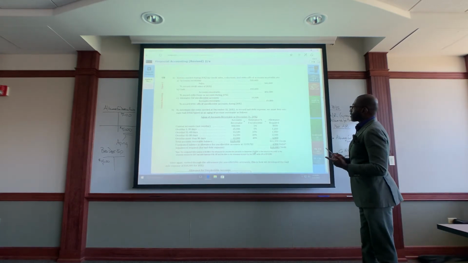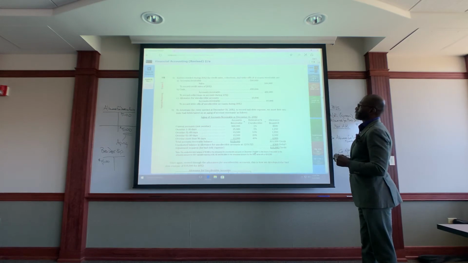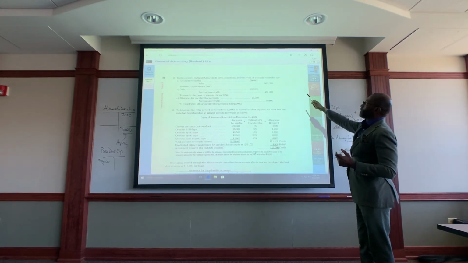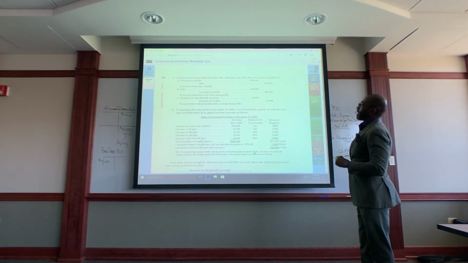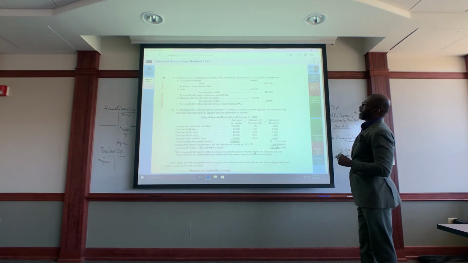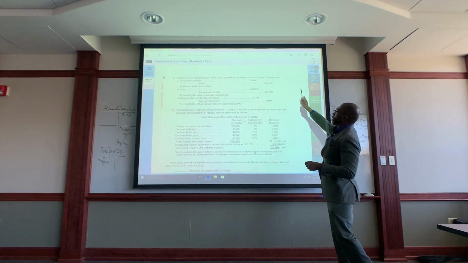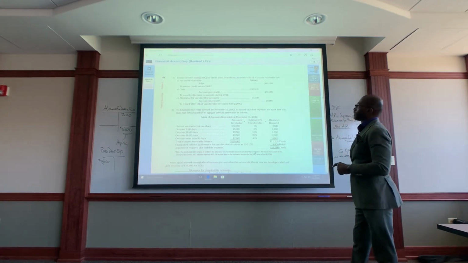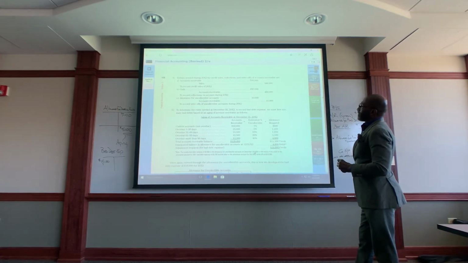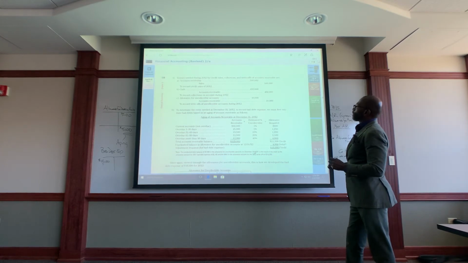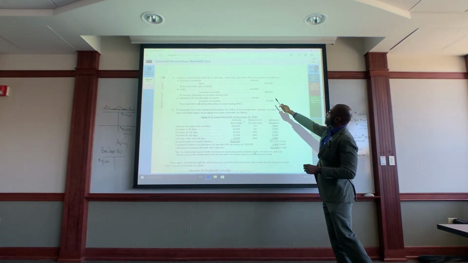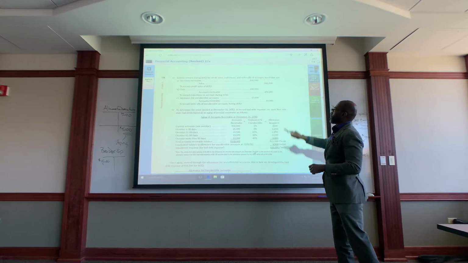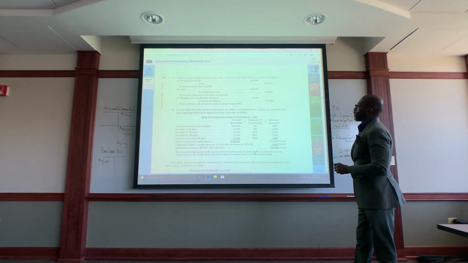In X2, two things happen. The first thing is that we had some sales in X2 of $500,000, and we recorded that as a debit to accounts receivable and a credit to sales of $500,000. And then we had collections of $450,000, where we debited cash and credited accounts receivable for $450,000.